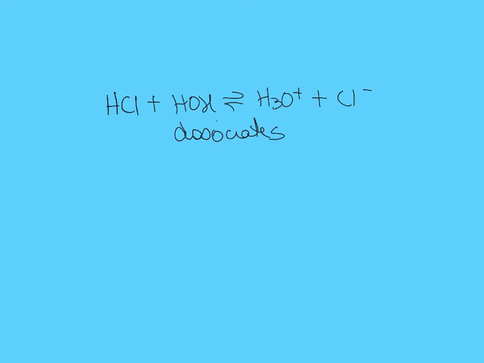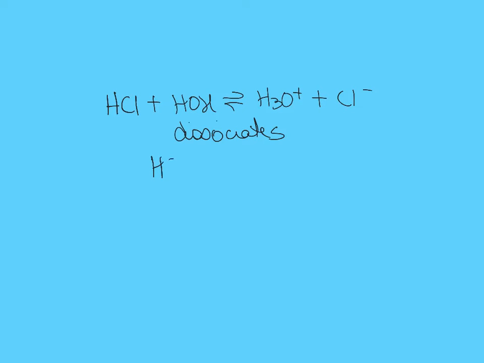So we've talked about, something like hydrochloric acid goes into water and becomes H3O positive and leaves its little anion of chloride behind, and it dissociates, okay? Goes into its ions.